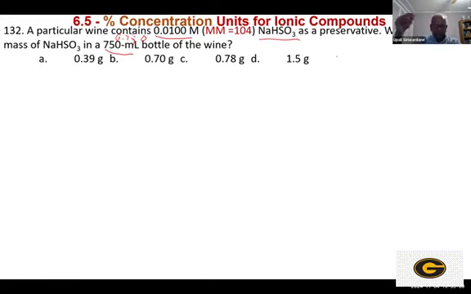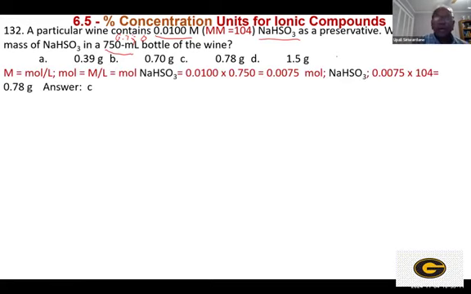Grams converted to moles. This is the moles of sodium bisulfite multiplied by molar mass. Molar mass is 104. You get the 0.78, which is the C.